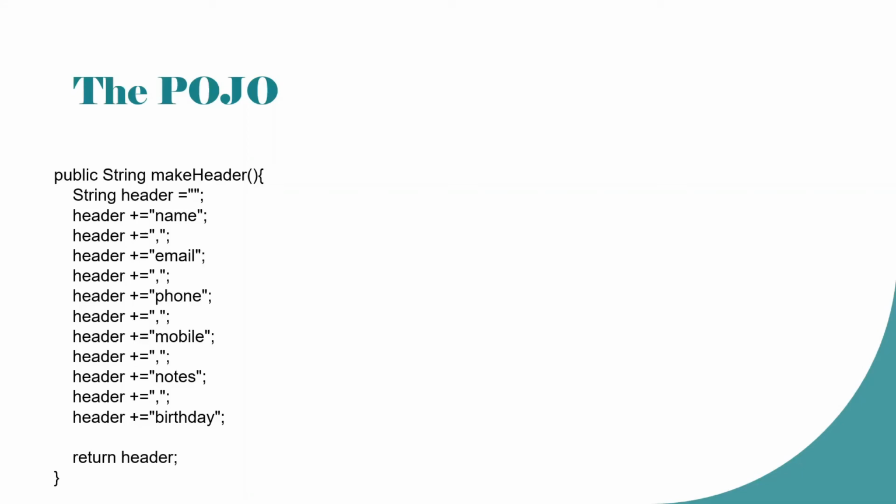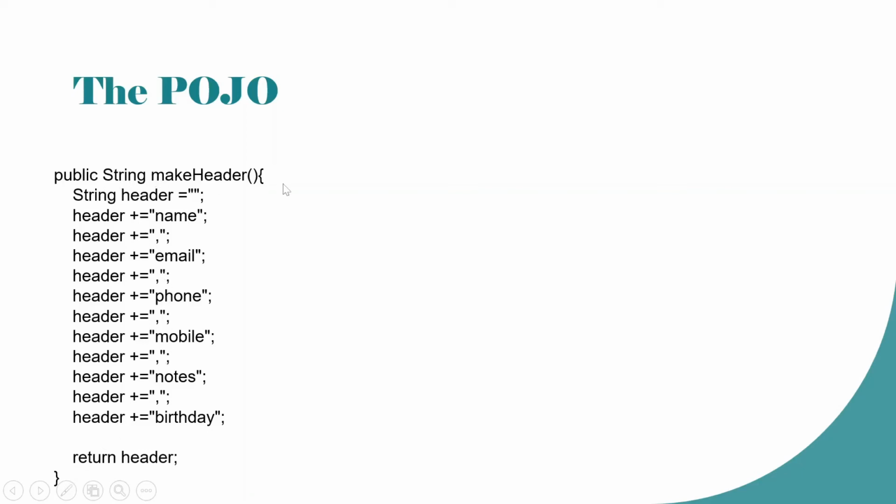I mentioned earlier that we can create special methods in the POJO. When we were testing the CSV file, you may remember that I had a variable called header and I had a variable called body. And this is the code that goes in my POJO.